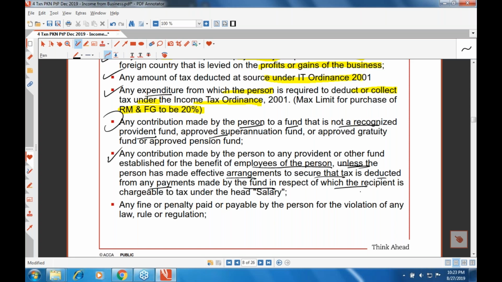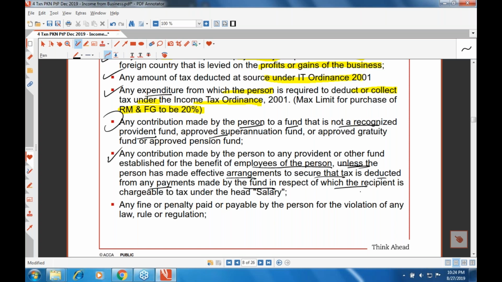So if you are an employer and you have made contributions into such a fund, then such a contribution into the fund is not a deductible expense. You cannot claim that as a deduction unless and until you have made an arrangement, and that arrangement is that whenever the payment is made out of the fund to the employee, the tax is going to be deducted out of it. So I'm repeating it again.